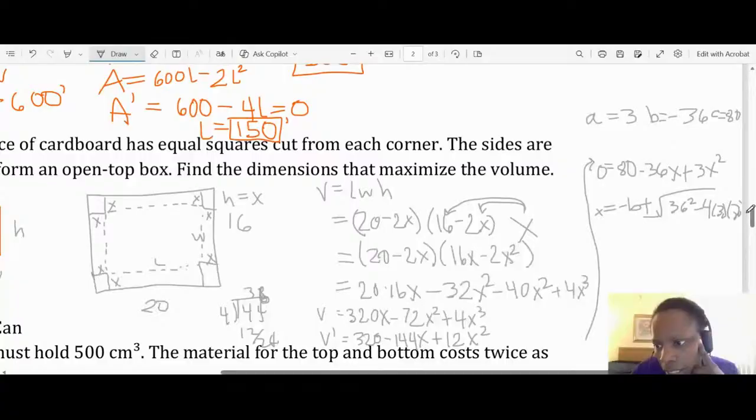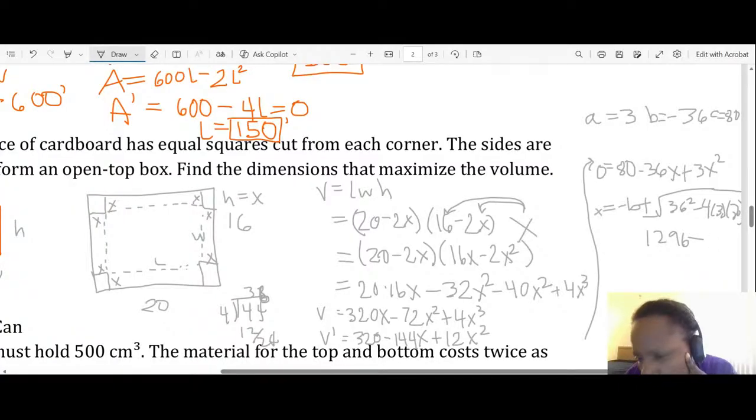I still feel like that's bigger, but 36 is really big. So let's see, 36 squared, 1296, minus 320 times 3. That's 960. Okay, that's better. It's going to be positive at least.